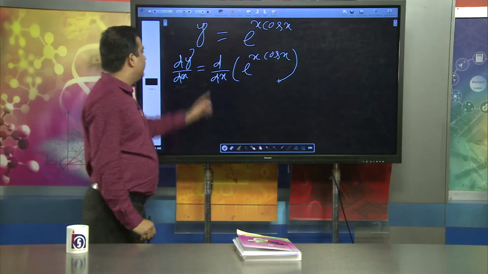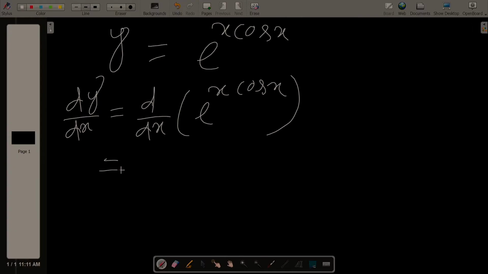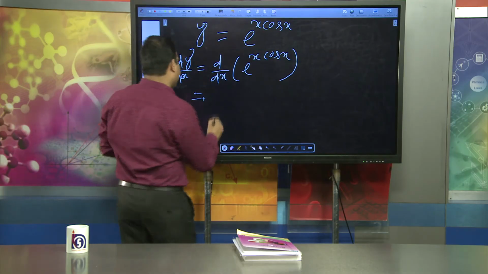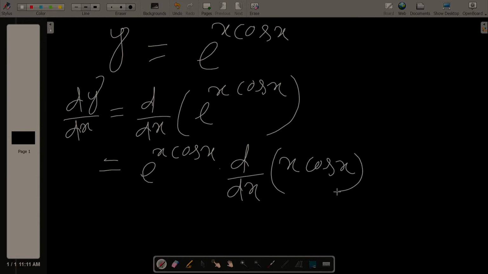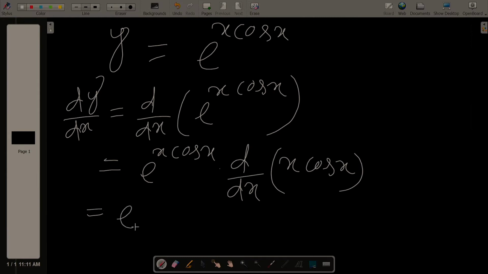And you know that for e raised to the power something, the derivative is e raised to that power into the derivative of the exponent, that is, e raised to the power x cos x into the derivative of x cos x.